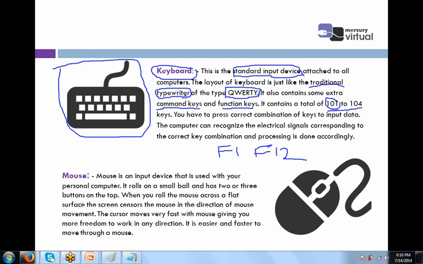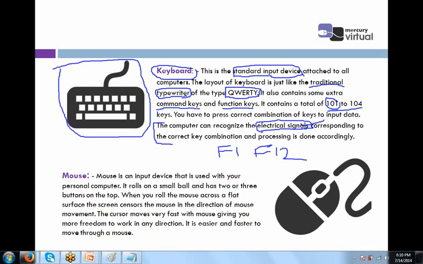The computer can recognize the electrical signal. These two lines are about the processing of the input device, that is the keyboard, means how the keyboard works, what the technology used in the keyboard is. So the computer can recognize electrical signals, means how the computer takes the input with the help of a keyboard.